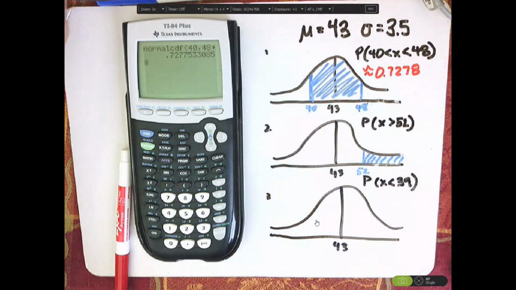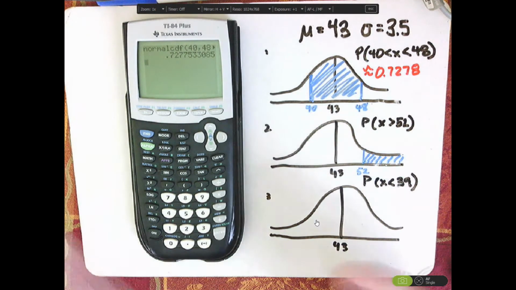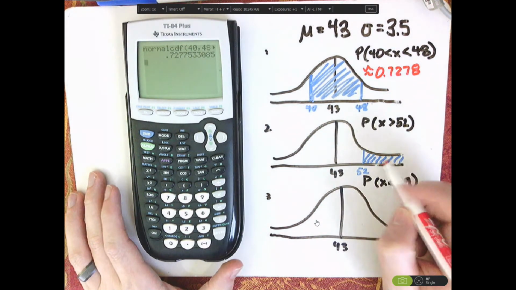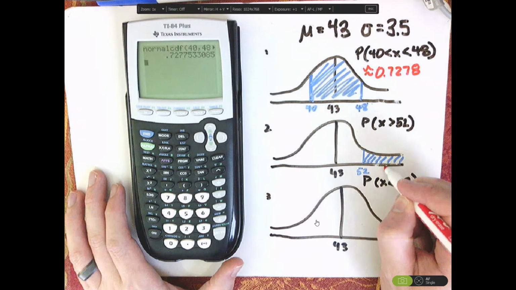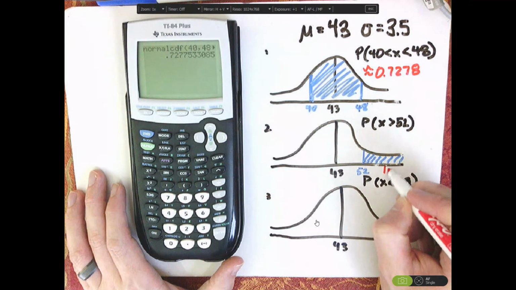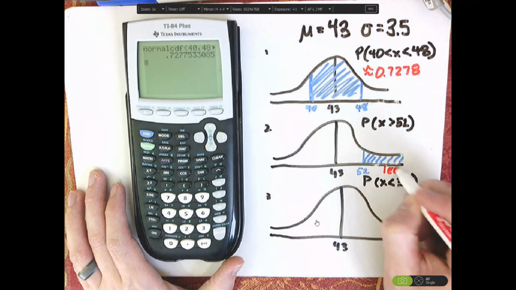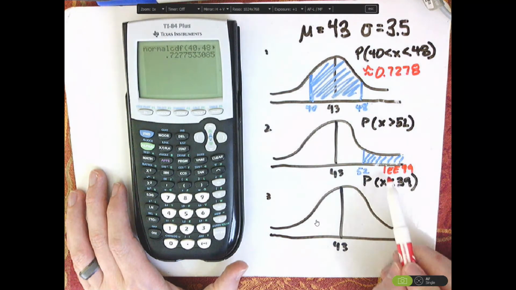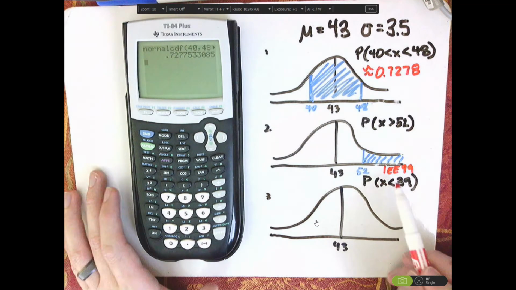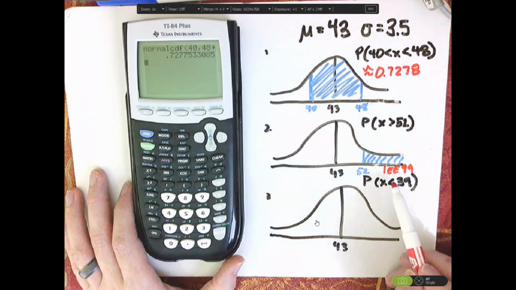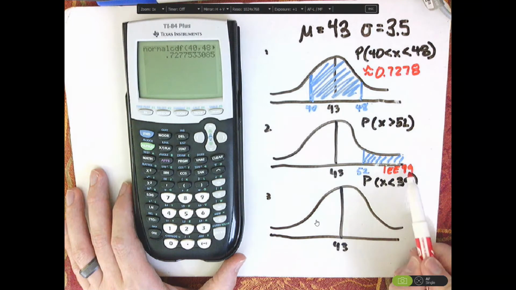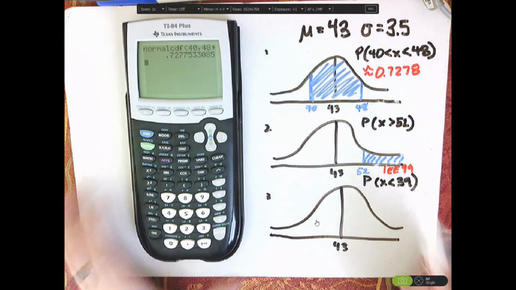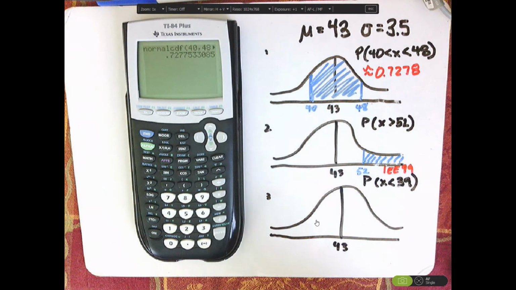So what we're going to do is actually use a very large positive number, and the very large positive number that we're going to use is 1 EE 99. The 1 is 1. The EE actually stands for scientific notation, so 1 times 10 raised to the 99 power. I'll show you how to type that in.